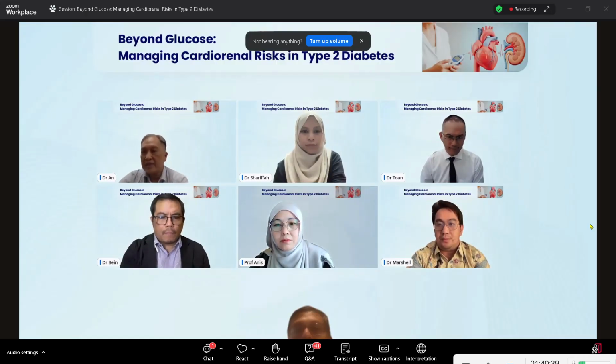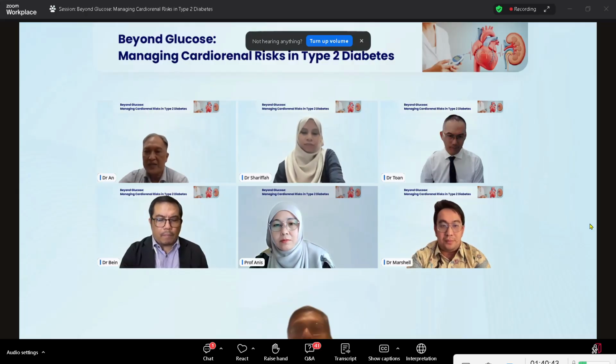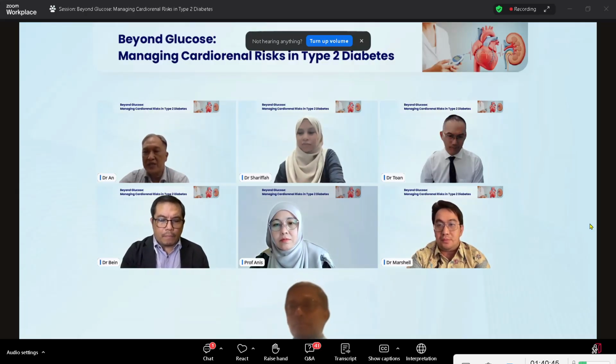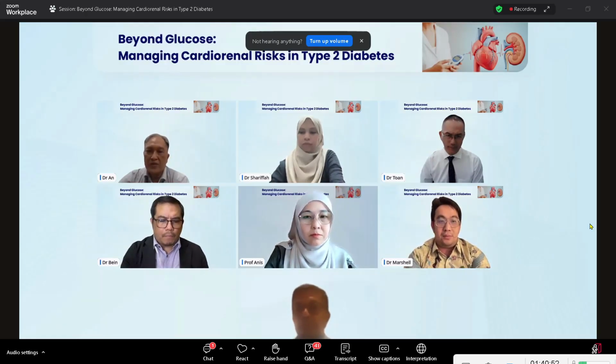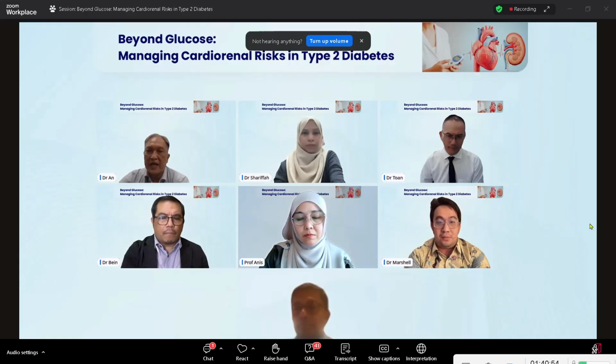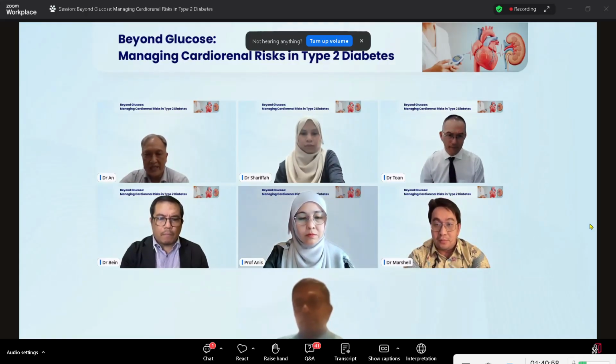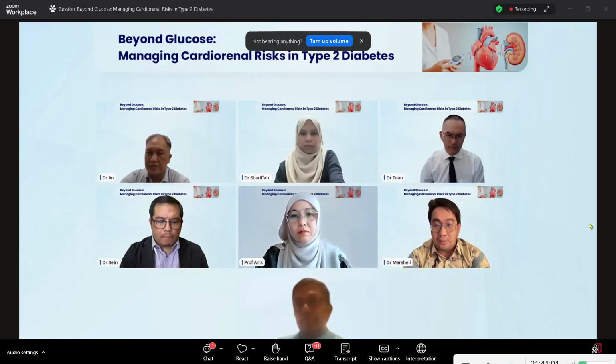In family medicine, we can use ICE, idea, concern, and expectation, and a biopsychosocial model to set up priorities. The second one, UACR and eGFR are as critical as HbA1c in glucose control.